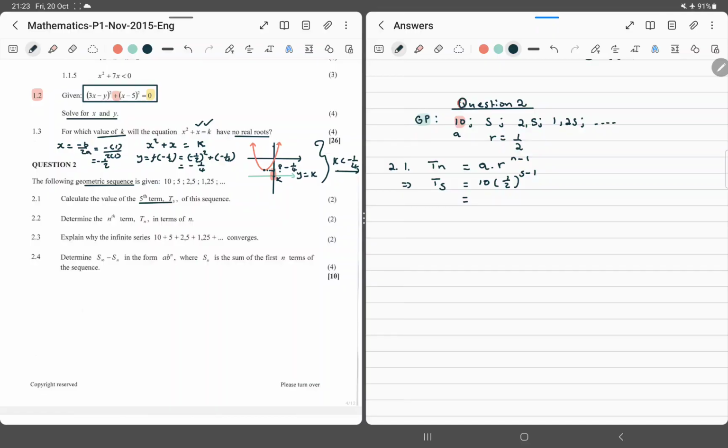Okay, so here just put it on the calculator and not waste your time. So that is to the exponent 4. So this gives us 5 over 8. Okay, great. So that is simple.